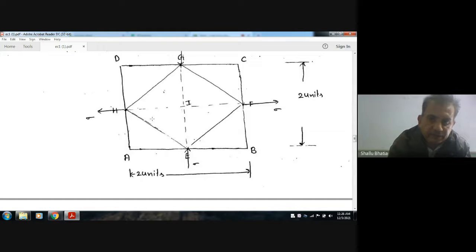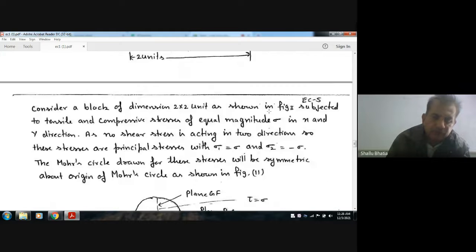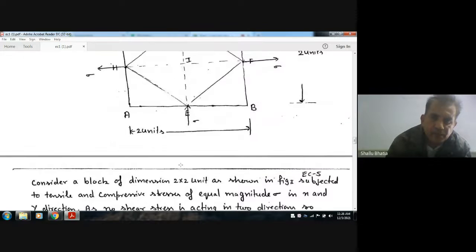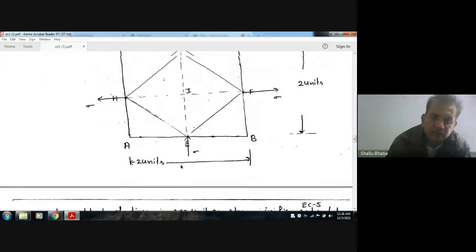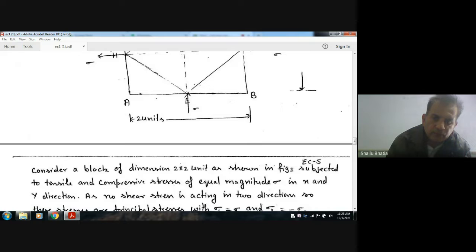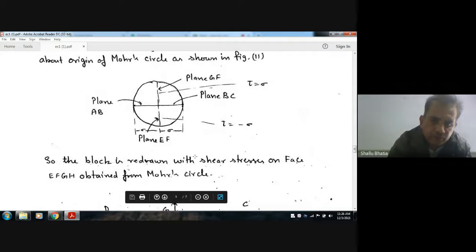then sigma x, the stress in the x direction, is sigma, that is positive. So we will start from this point and go to this point. This is sigma, and there is no shear stress on plane BC, so this is the principal plane. So point A and B will be the same, this is the point.